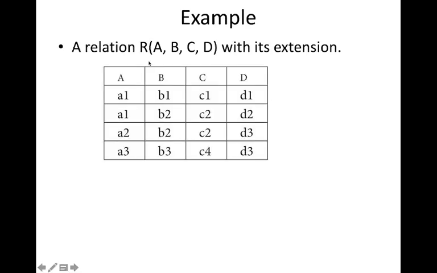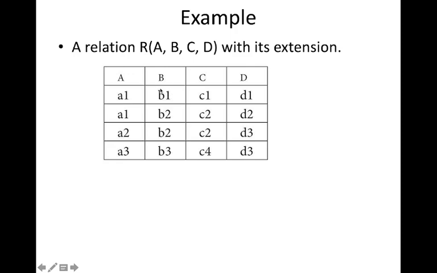So this is an example. We have a table ABCD with its extension. This is the extension of this table, or the state of that table. From this we can conclude there is no functional dependency from A to B, because we have the same A value here, A1 and A1, but B1 and B2 are different.